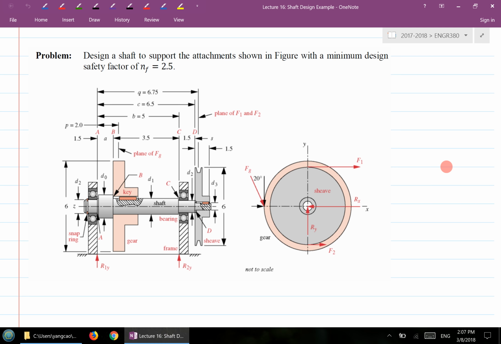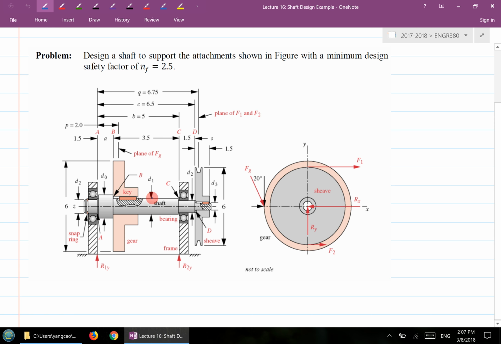There are definitely procedures that need to be iterated. Just like the course project, when you design a shaft, the first step is to plan out the layout of the shaft, and also plan out the lengths for each section of the shaft first.